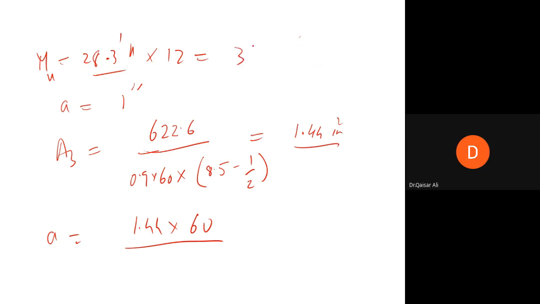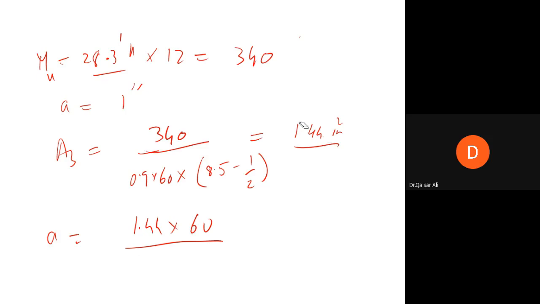Let's say it's 340. So this will become 340 divided by 0.9 divided by 60 and then divide by 8.